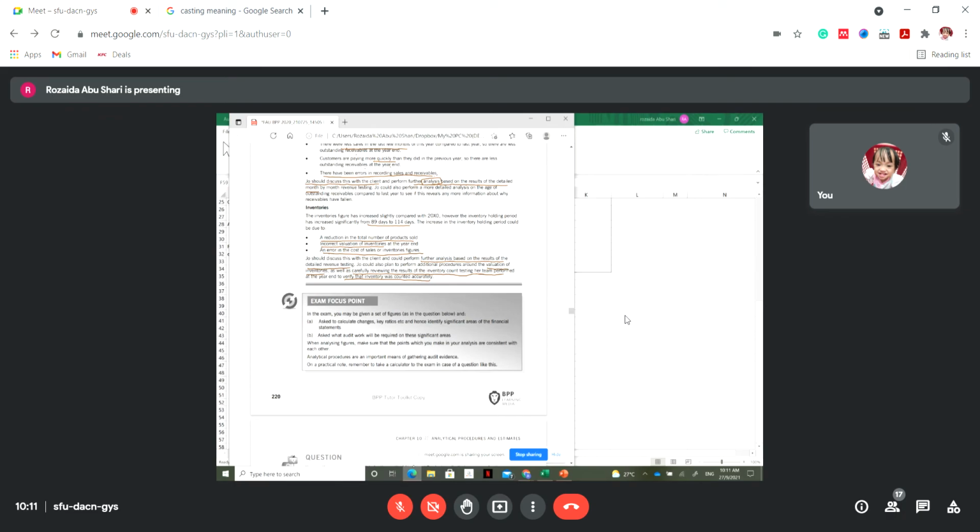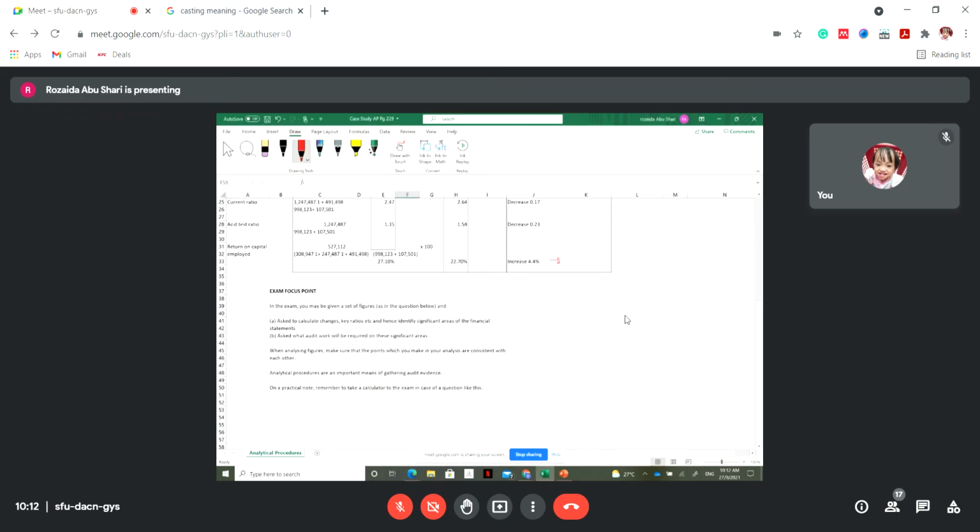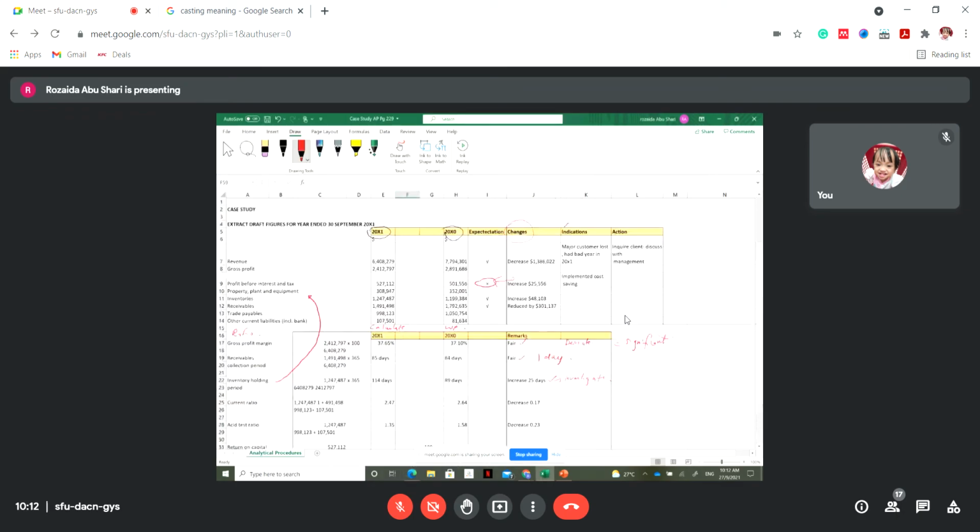So for the exam focus, what you should know regarding analytical procedures is that you are asked to calculate changes and key ratios, and hence identify significant areas of the financial statements. So you must be able to extract the information here.